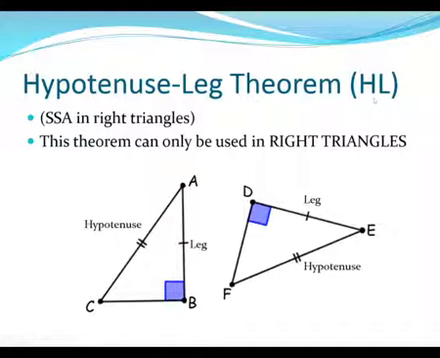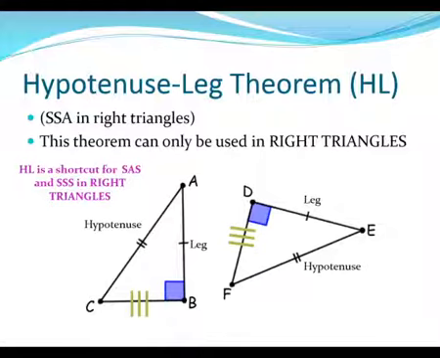Okay, so again, it's kind of like a shortcut within a shortcut, which is pretty cool. It's a shortcut so you don't have to go through the process of marking the third sides congruent to show triangles are congruent by SAS and SSS. So it's like an ultimate shortcut.